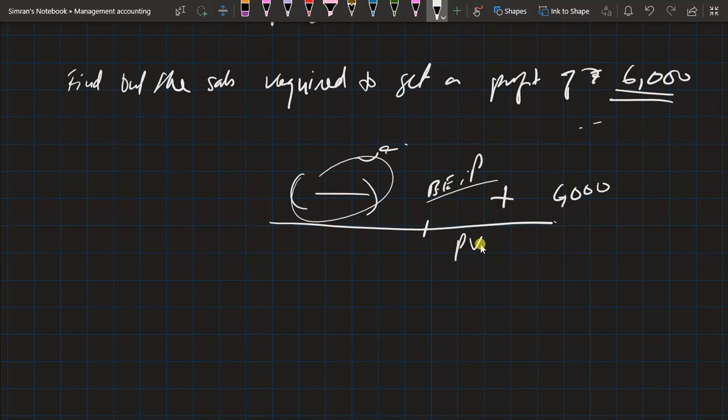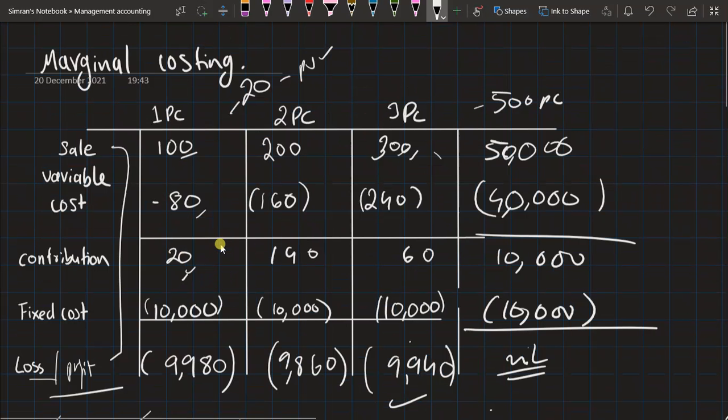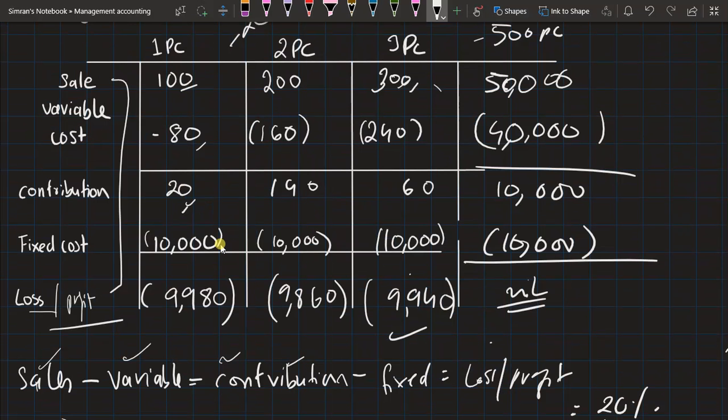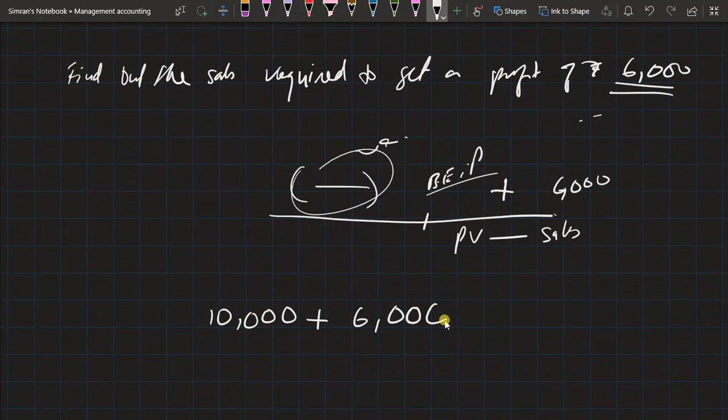So what is our BEP point here? The BEP point is 10000, plus 6000 divided by 20%, we will get the answer 16020.